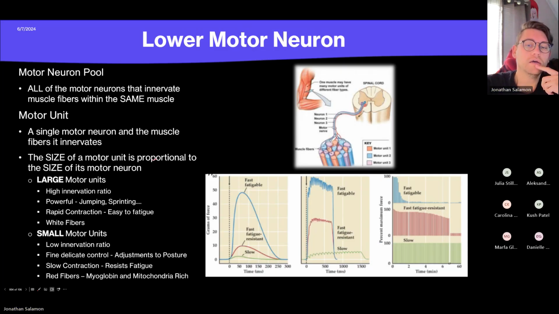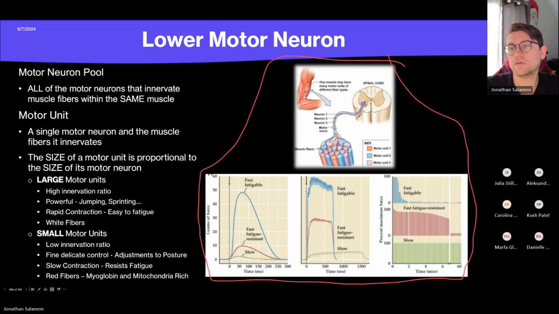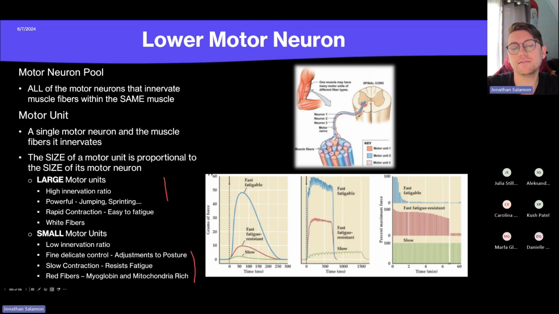The characteristics of the lower motor neurons and how they're arranged in motor units, you should be aware of generally how this works. You should be aware of the general trends, but you don't need to be hyper specific about any of this.